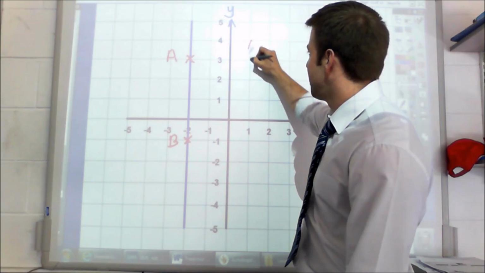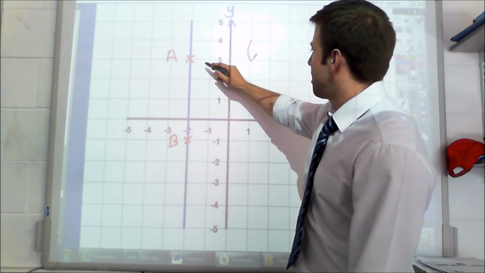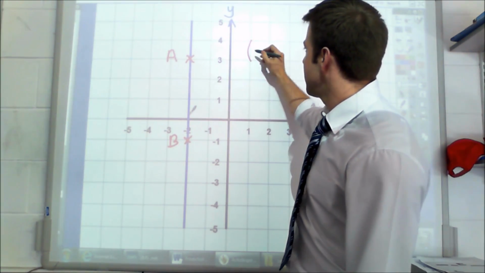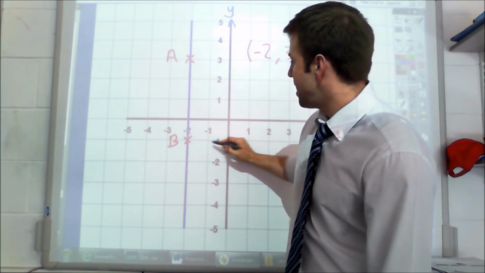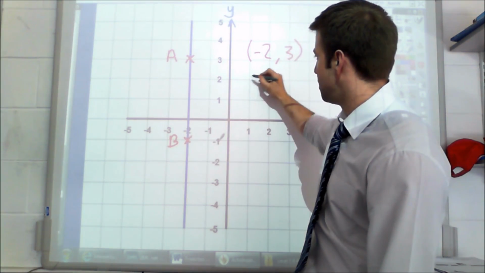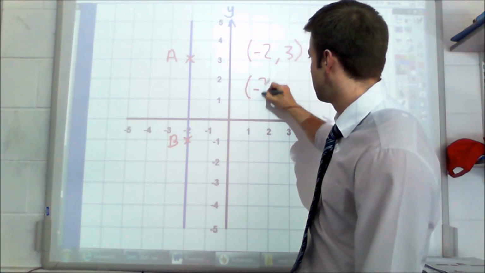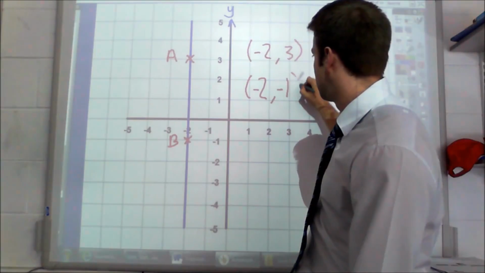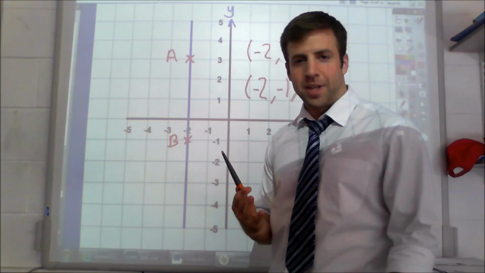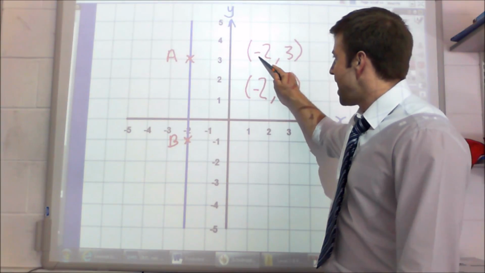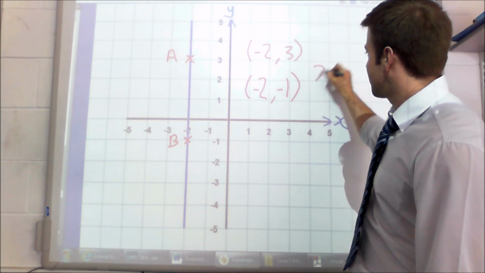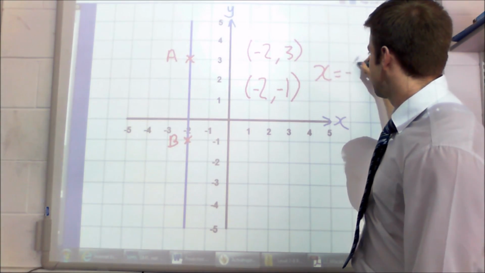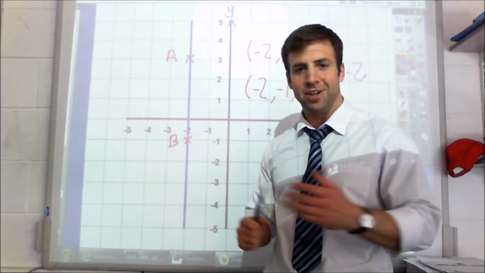So point A is (-2, 3). And point B is (-2, -1). So again, let's look at what's the same. The x-ordinate in both is -2. So x is -2. Well done if you got that.